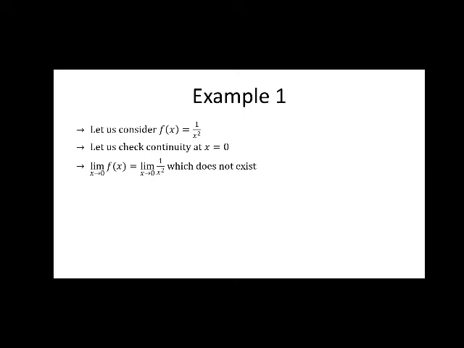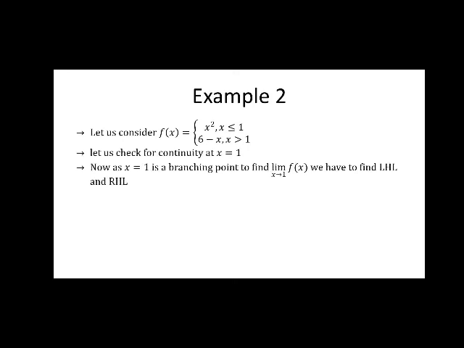Then I can definitely say that the function is discontinuous at x equals 0, or that x equals 0 is a point of discontinuity of the function f. Simple. So this is the case of infinite discontinuity.